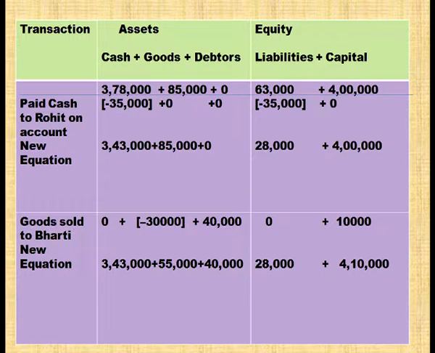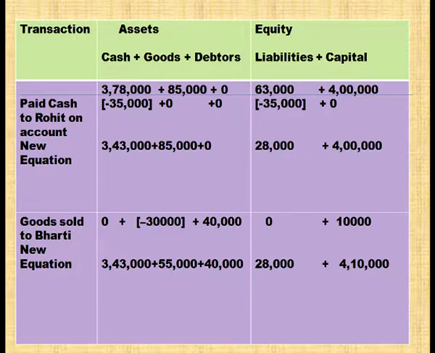Liability is decreasing, so deducting from the liabilities minus 35,000. New accounting equation is cash 3,43,000 plus goods 85,000 equals liability 28,000 and capital 4 lakh, that is 4,28,000 on both sides. Accounting equation is satisfied.